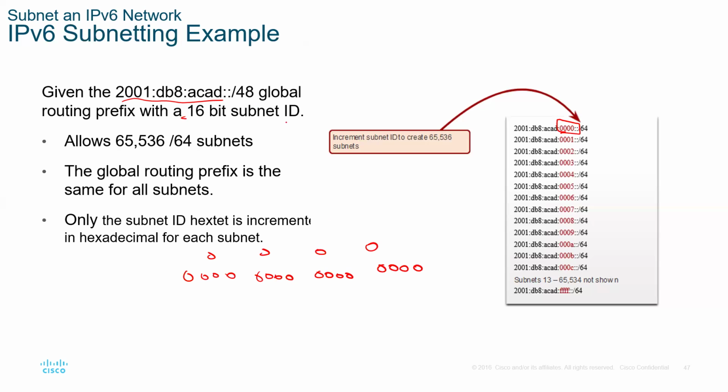Now when the number starts to change, for example to 1, that's how we get 0001, because it changes this digit. Then you can change it to 2 like this, that's how we get 2 here. You can change it to 3, that's how we get 3 here, and our subnets increase like that.